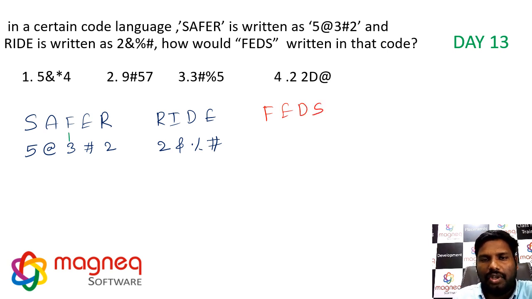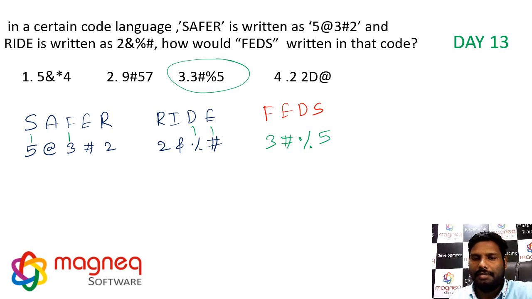So F means 3, E means ash, D means percentage, and S means 5. So 3 ash percentage 5. Third option.